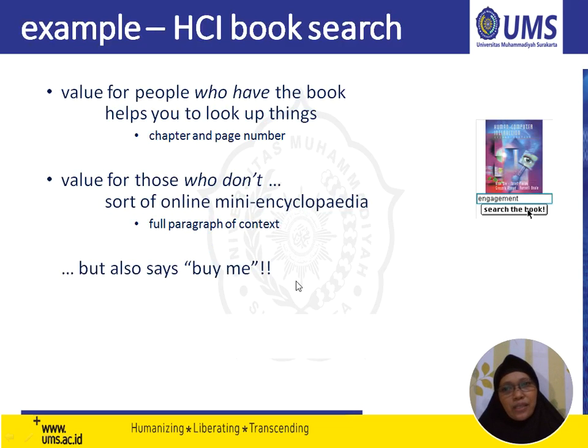Okay. This is the example. It's about a human computer book search. Maybe we want to find a book. The value is for people who have the book, it helps you to look things up. And if we make a short online mini encyclopedia, we will find it, but you must buy this book.